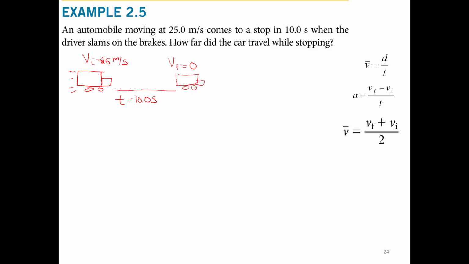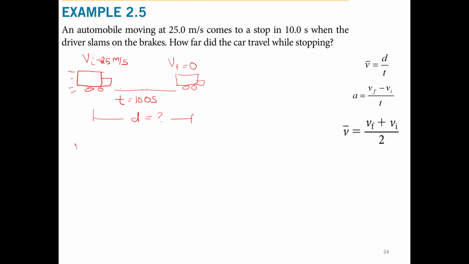Then we want to calculate how far the car traveled while stopping. When we need to calculate the distance, this is what we want to calculate. Let's try to write here the information we know.